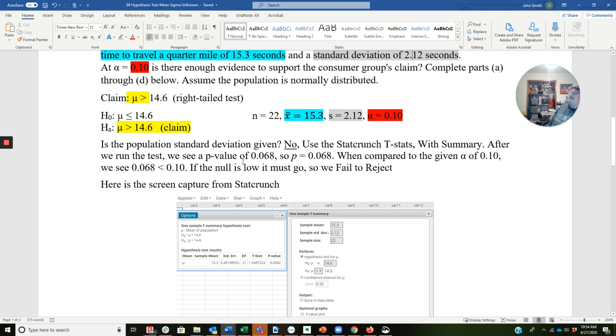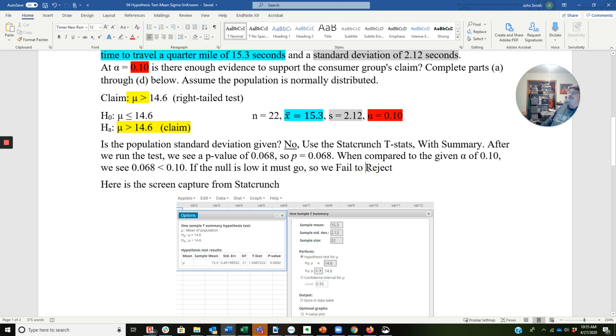After we run the test, we will see a p-value of 0.068. So p equals 0.068. When compared with a given alpha of 0.10, we see that 0.068 is less than 0.10. If the null is low, it must go.